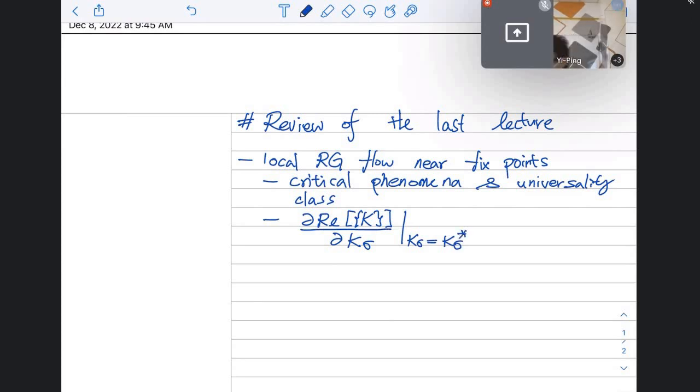The key information is that we usually define this to be Y sigma.